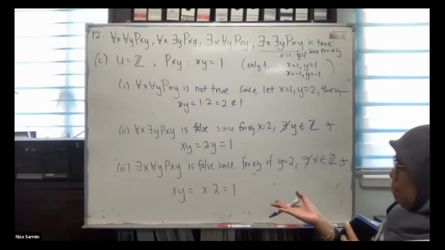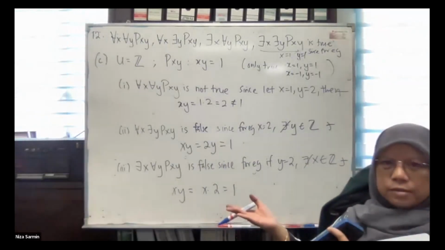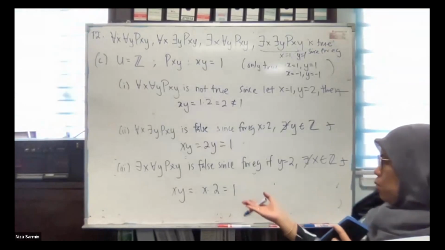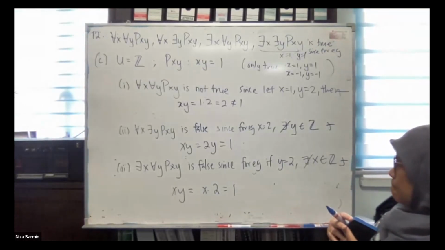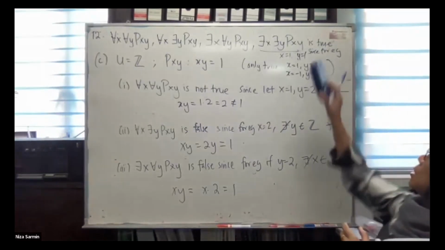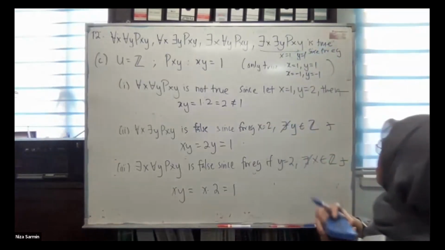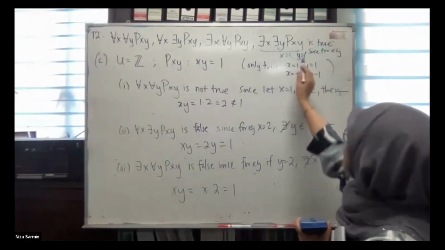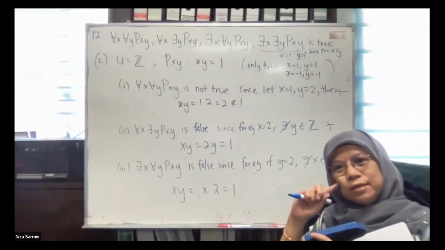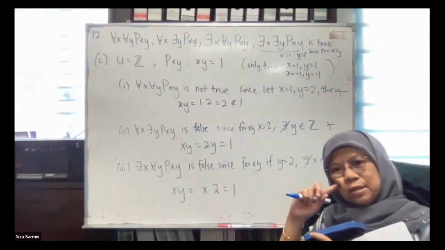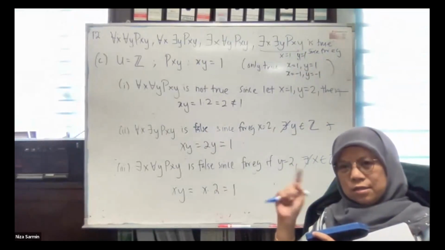What do you want to multiply 2 by to give 1, which is an integer? This is true. For example, 1, 1, or negative 1, negative 1. So the simplest case is there exists, as long as there is an answer.